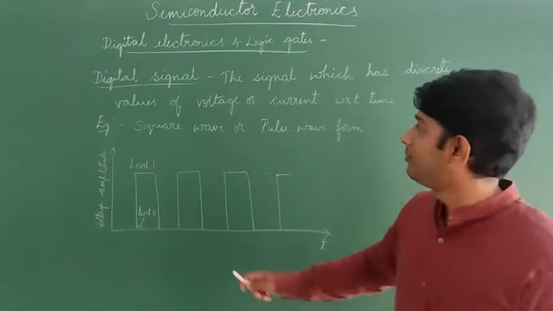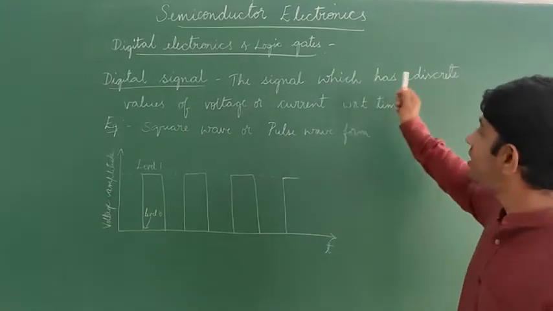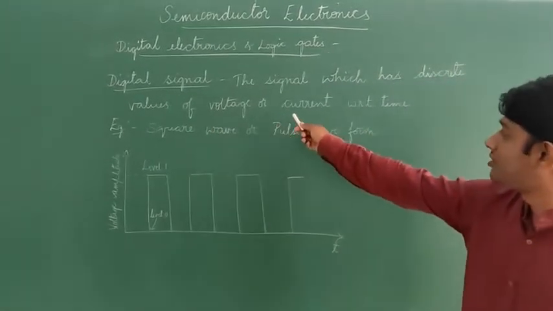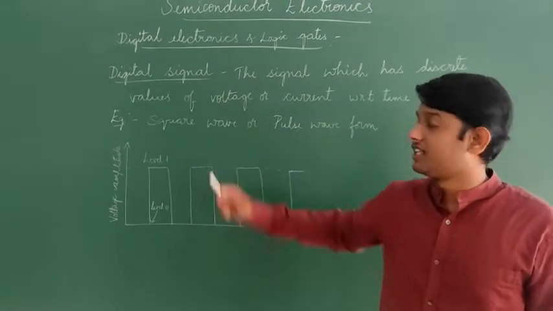The next term here is digital signal. The signal which has discrete values of voltage or current with respect to time is called a digital signal.